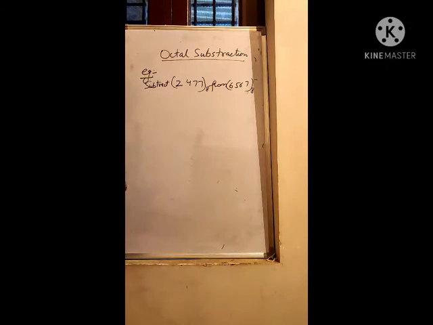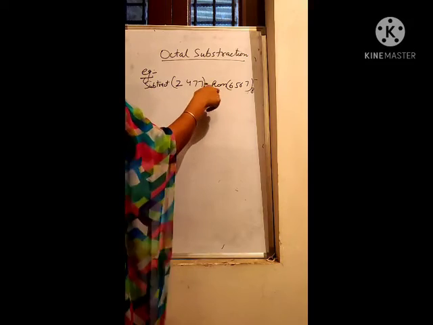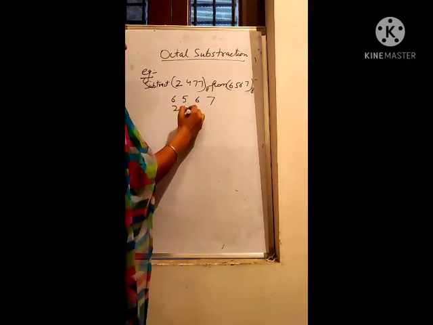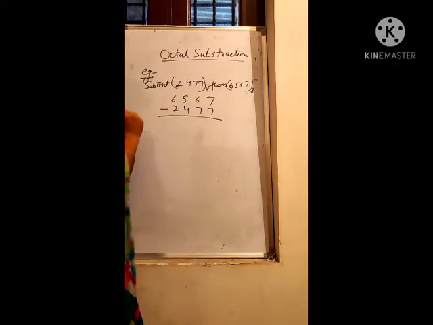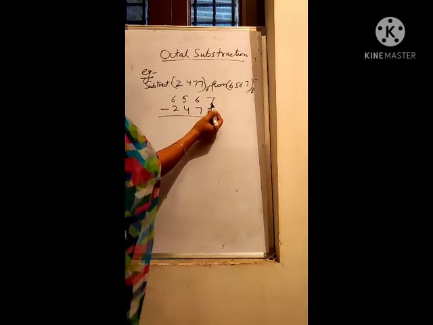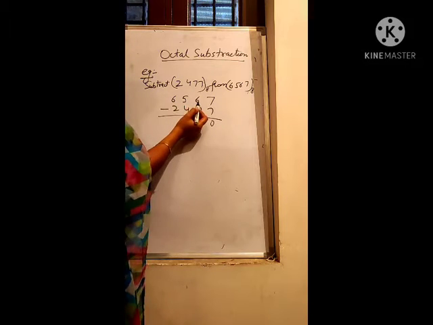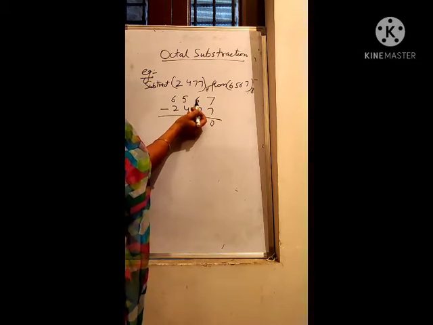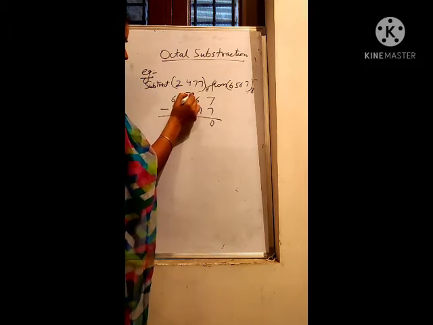I am taking the example, subtract this octal number from this number. So I have to write this number firstly and I am writing here the second number. If I want to subtract it, 7 minus 7 is 0. Here the lower value is greater than the upper value, so we have to take borrow from the left hand side.